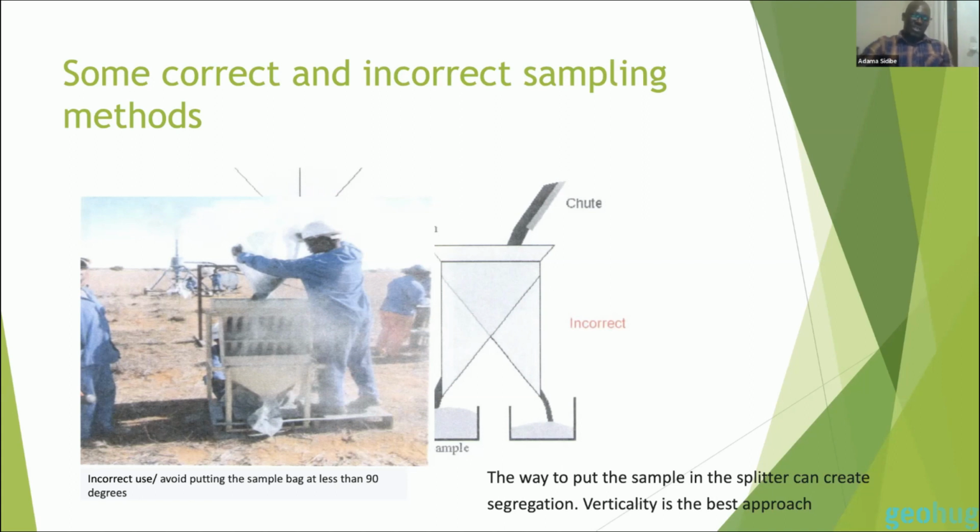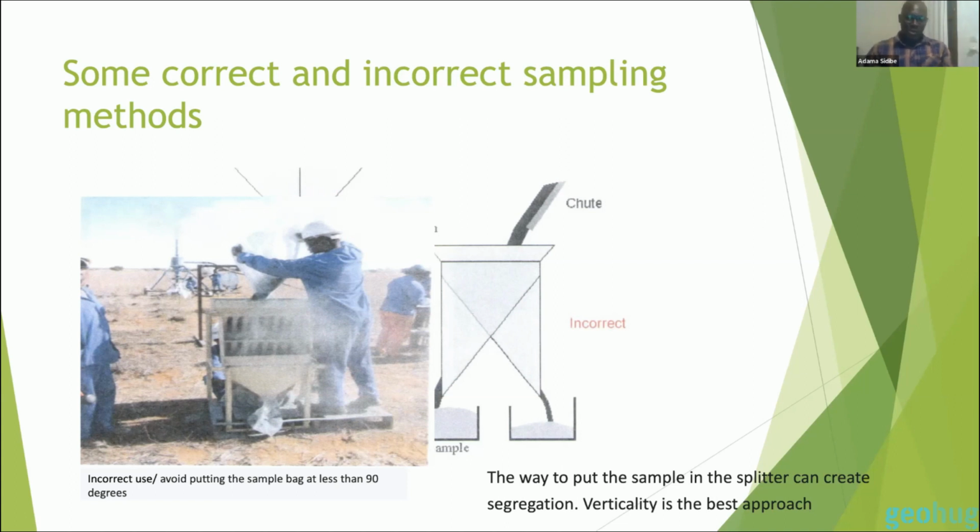So make sure that the splitter puts the sample at 90 degrees. It is very slow, but it is the better method to have a representative sample and to send the gold particles to the lab and to the reject.